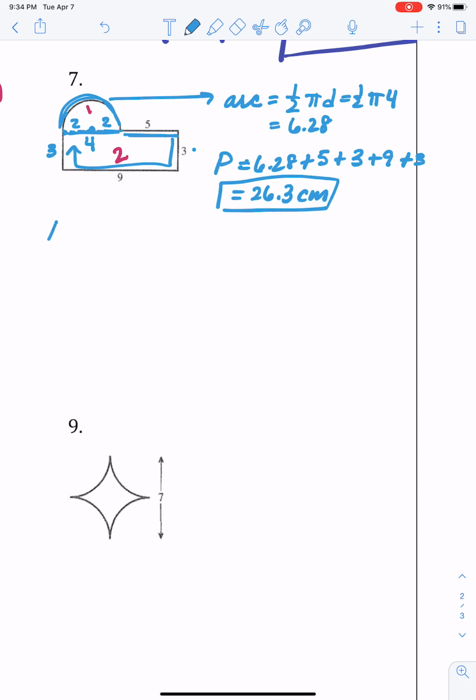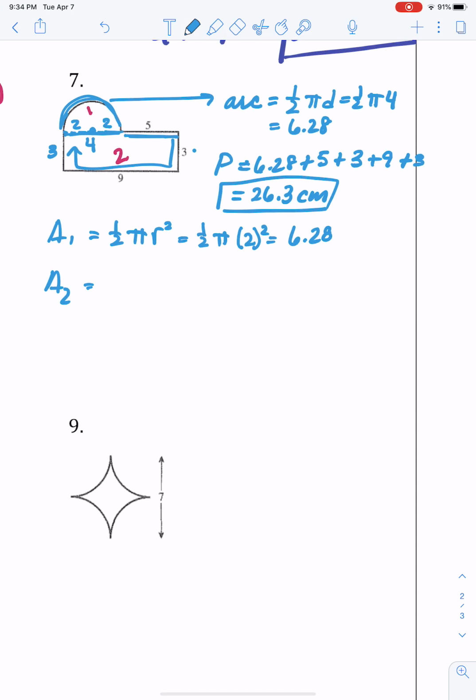So then I have to find the area of shape 1 and the area of shape 2. So area of shape 1, that's a half circle. So half pi r squared. Half pi, my radius is 2 squared. So that becomes 6.28.